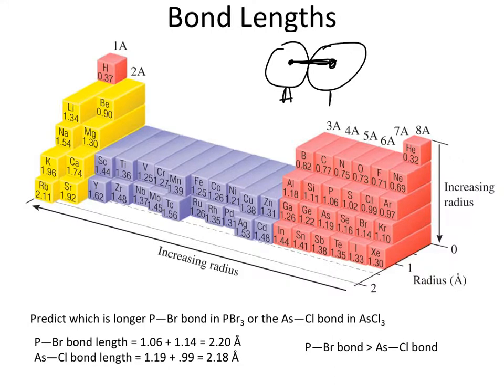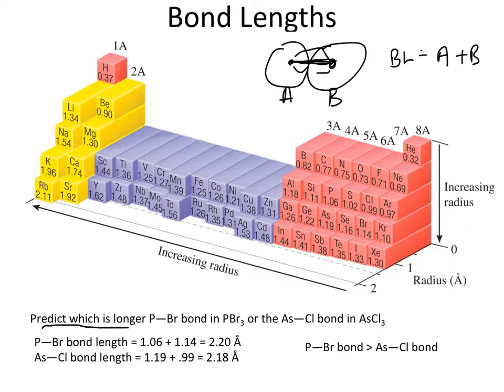So element A and element B, if I know the radius of B and I know the radius of A, I can find out the bond distance between the two, or at least an approximate calculation, by summing the two. So bond length is going to equal A plus B, the radii of each of those.